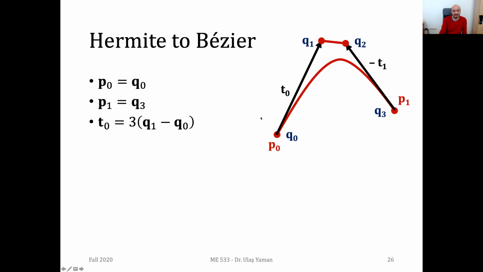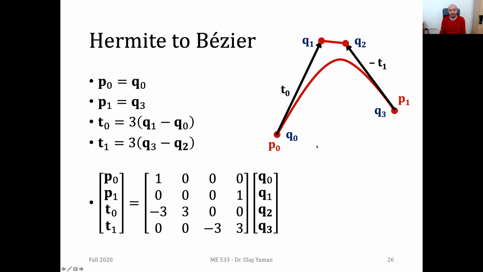So how do we do that? We have this relationship, and this comes from some basis functions. We are not going to discuss the details, but we can take it as granted that there is a relation between the tangent vectors and the points such that the difference of them multiplied by 3 will give us a tangent vector, and it's also the same for the end tangent vector.